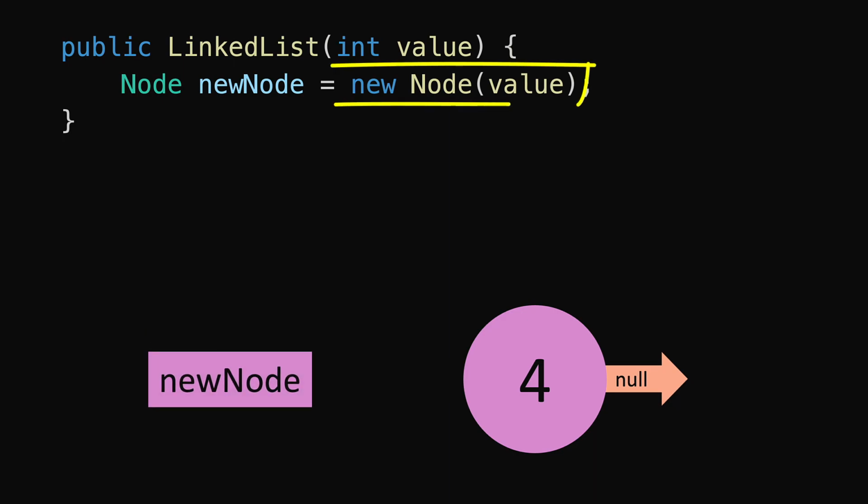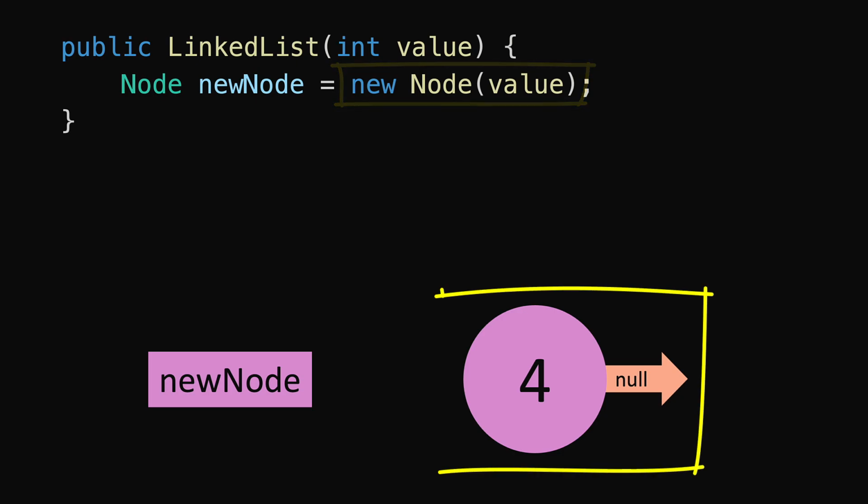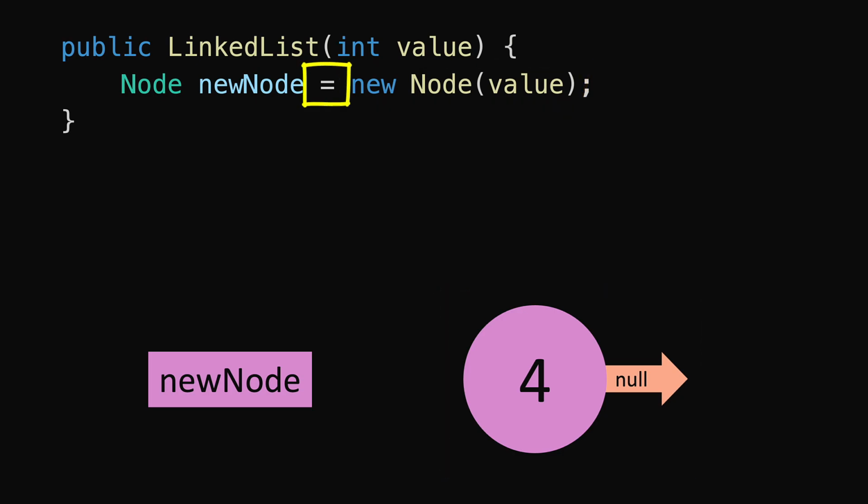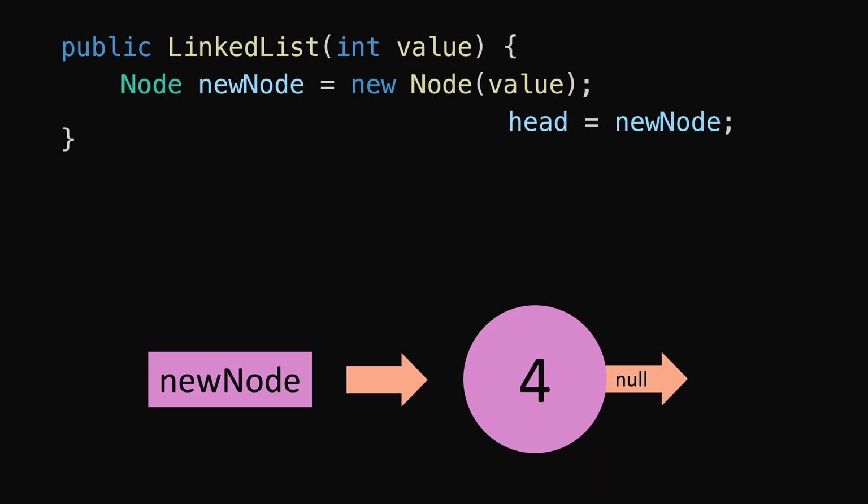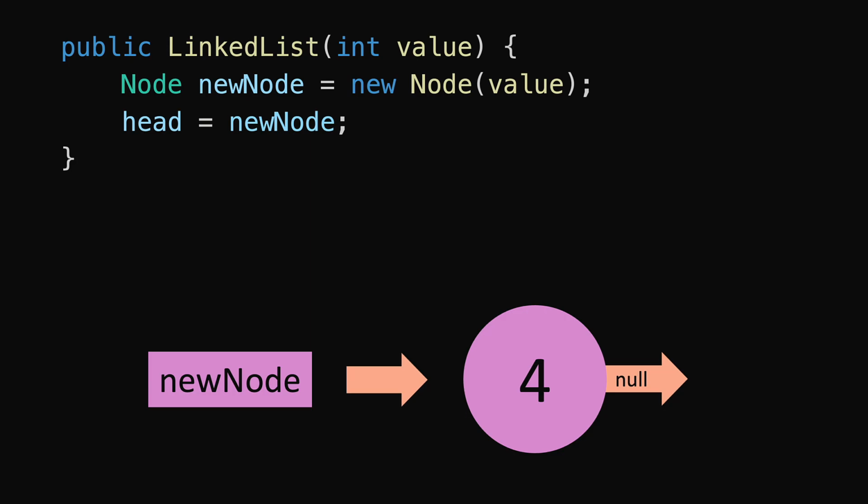On this side, when we say newNode and we pass it a value, this new keyword means we're running the constructor for the node class. So this line here is what actually creates this node. And this equal sign in the middle is what actually takes that newNode variable and points it at the new node that was created. Then we're going to say head equals newNode.